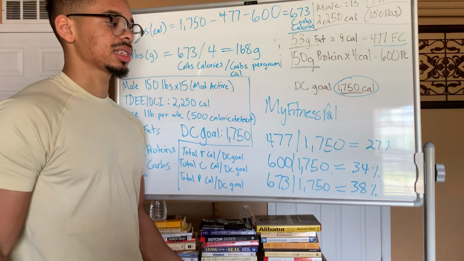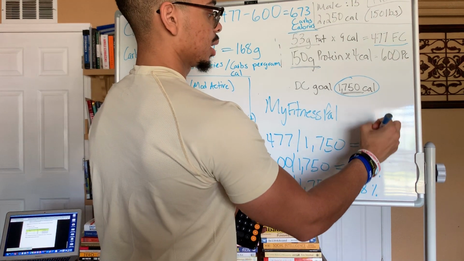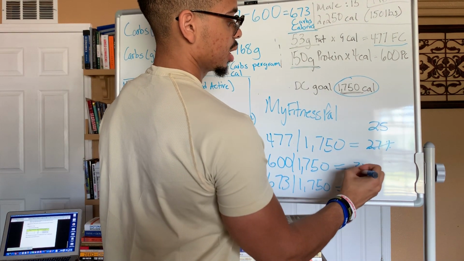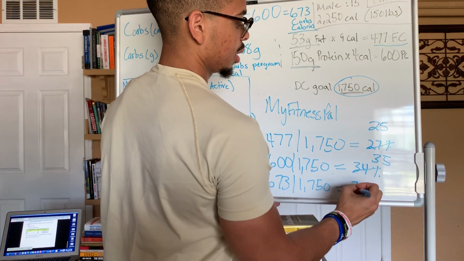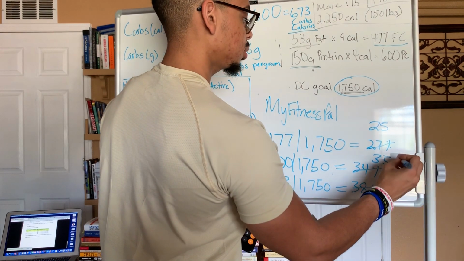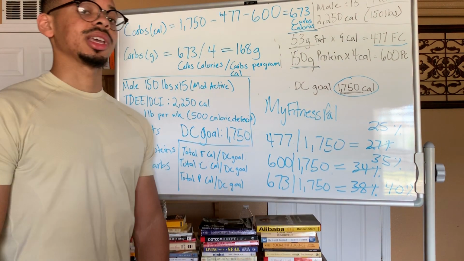So what I would recommend for this guy is to round down and round up. For this, he'd do maybe 25. For this, he'd do 35. And for this, he'd do 40. Then he'd pretty much reach those numbers and he's good to go.